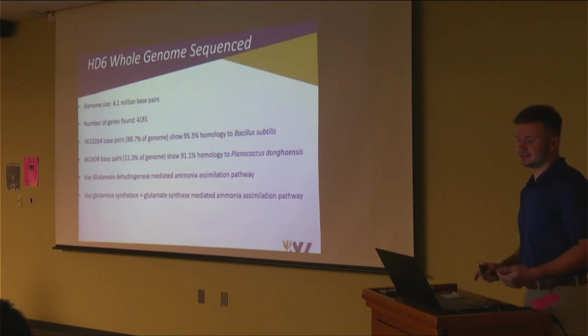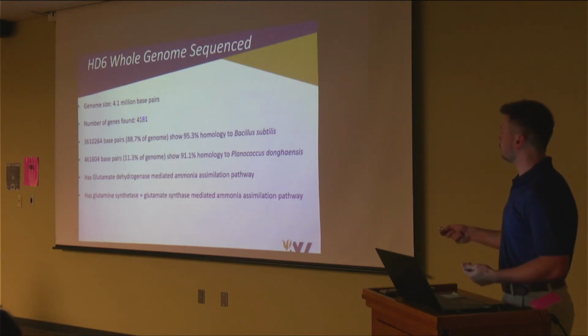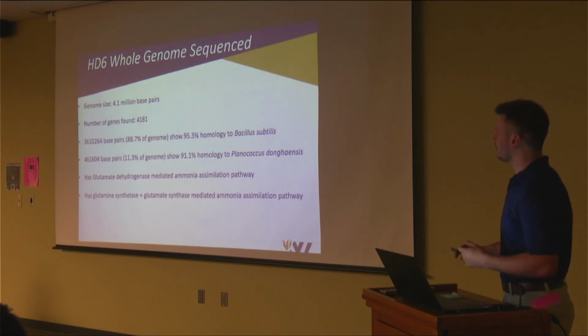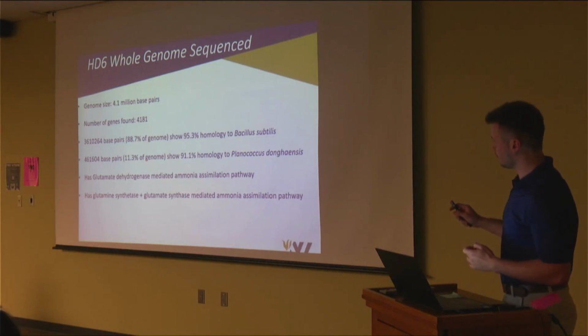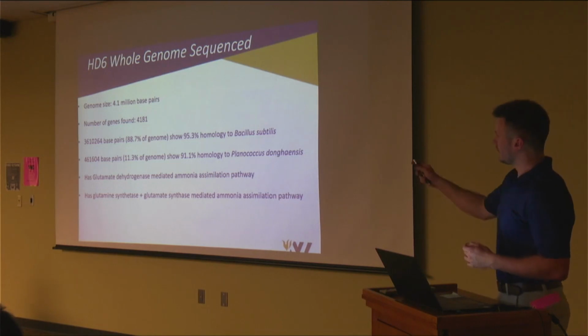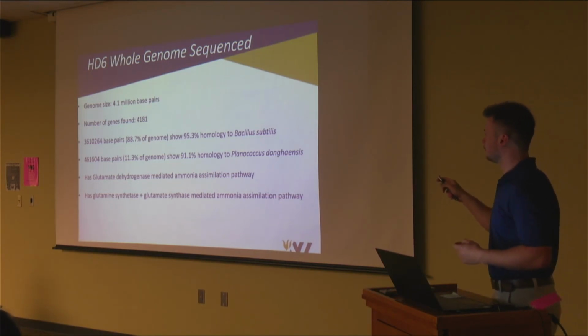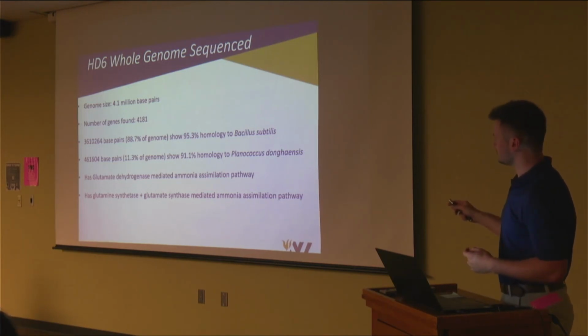So our high density 6 genome sequenced. The genome size was 4.1 million base pairs. The number of genes found was 4,181. 88.7% of the genome shows 95.3% homology to Bacillus subtilis. 11.3% of the genome shows 91.1% homology to Planococcus donghaensis.